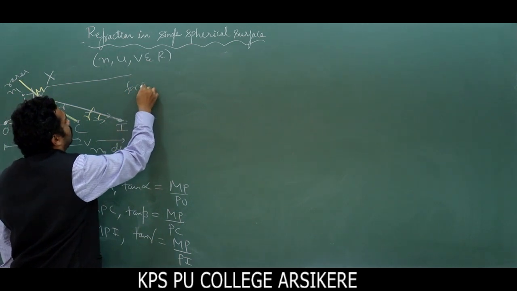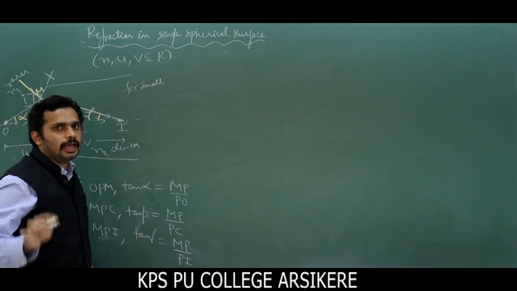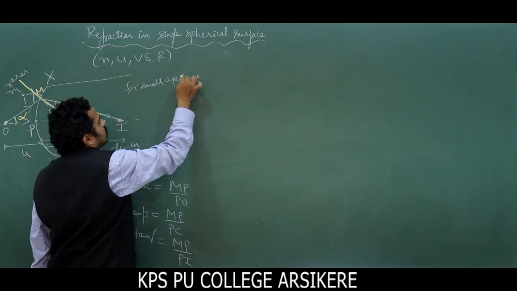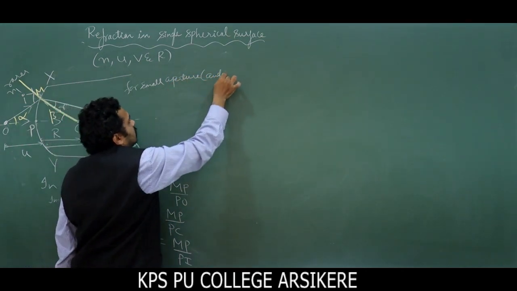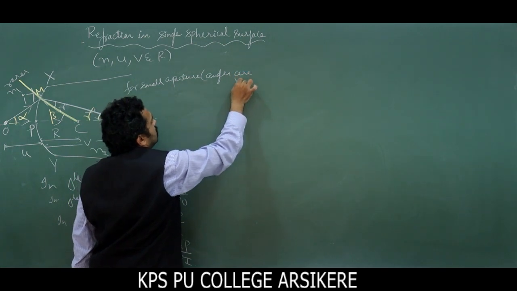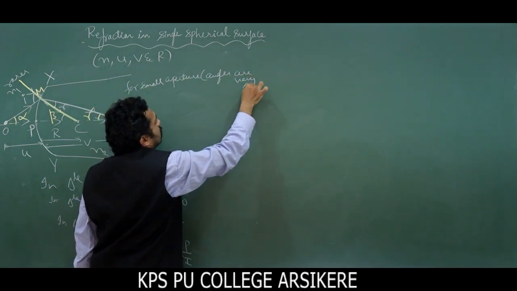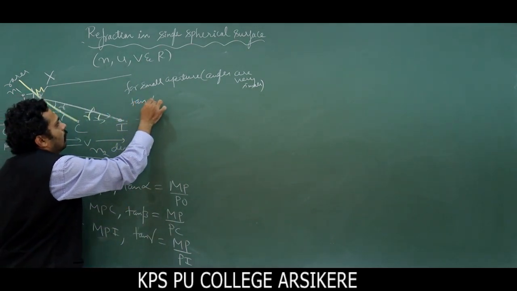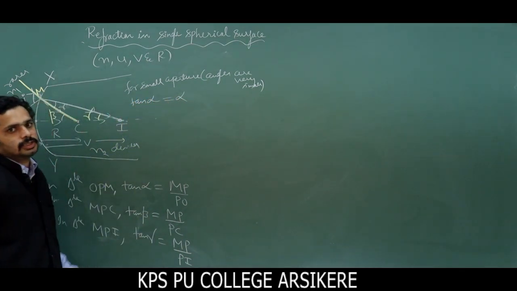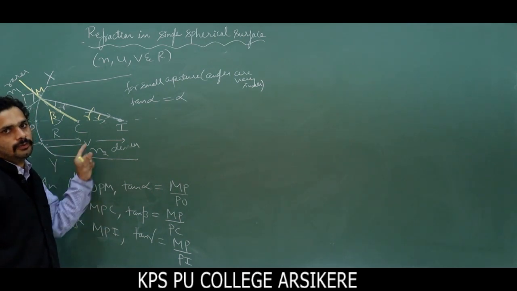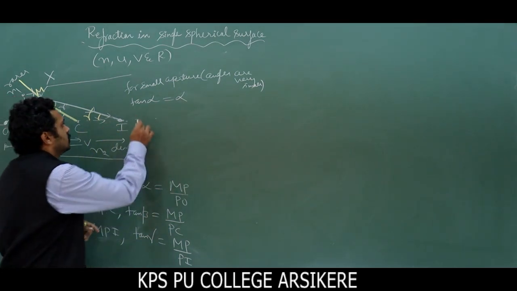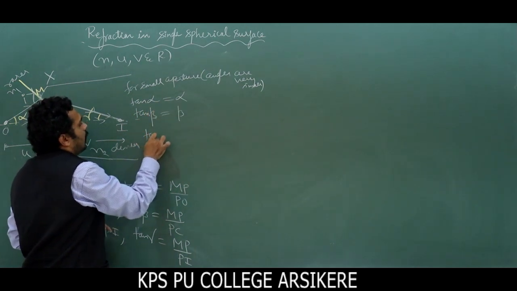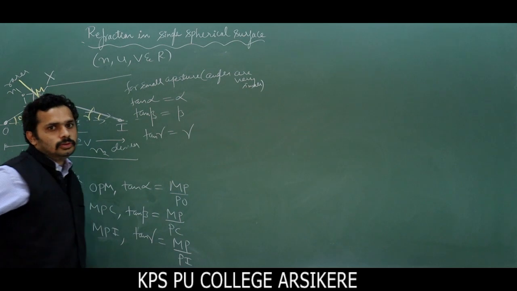Here I am using a small aperture. For small aperture, angles are very small, so we can do the angle approximation. Tan alpha is equal to alpha, tan beta is equal to beta, tan gamma is equal to gamma.